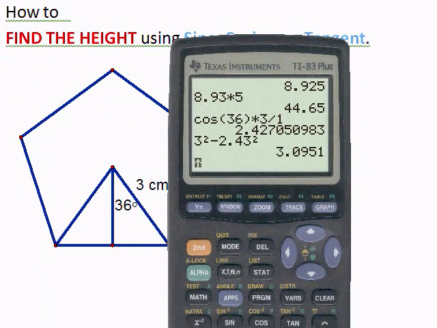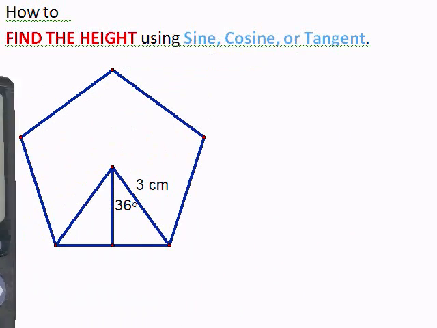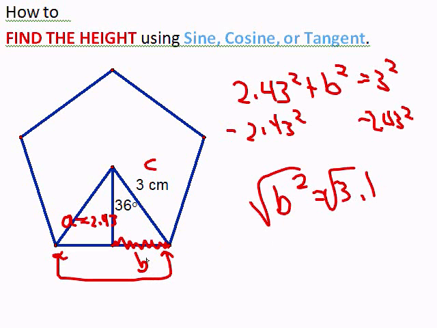So we go second square root, 3.0951. I'm going to use an exact answer, which gives us 1.76. This means that our base, this b right here, and it's not the entire base, it's half our base, is 1.759 or 1.76.